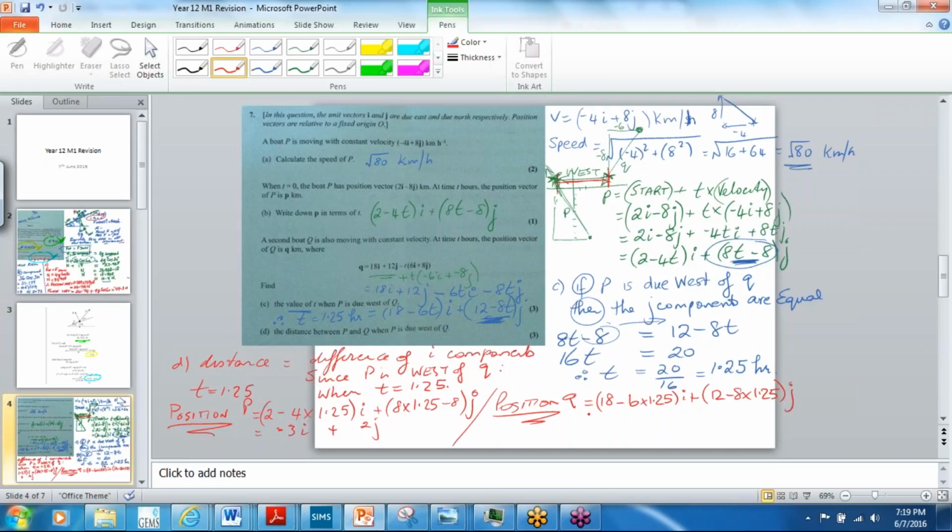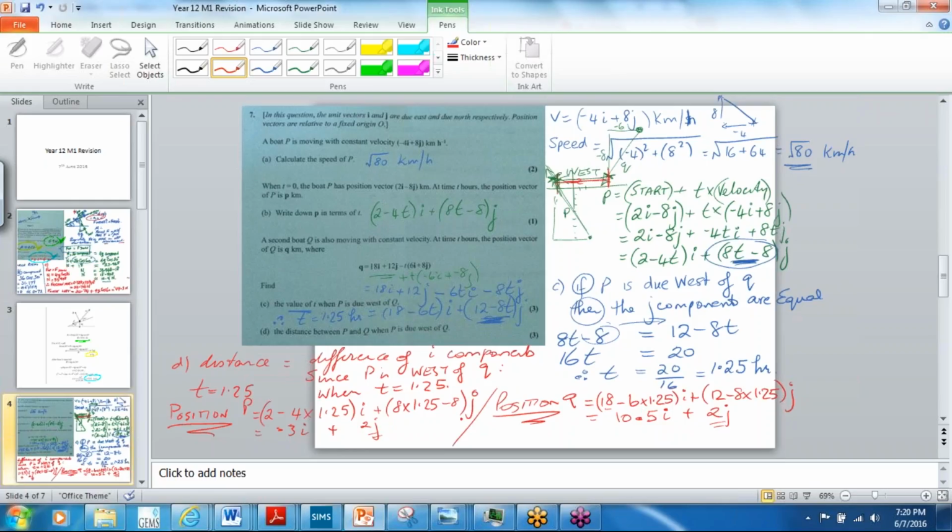They should be the same in j. 6 times 1 1/4: 6 times 1/4 is 1 1/2, so that's 7 1/2. 18 take away 7.5 is 10.5. And 8 times 1 1/4 is 10, so 12 minus 10 is 2j. You see they're both at 2j. We've already established that, we just didn't know exactly where that was, so we now know that's at 2.